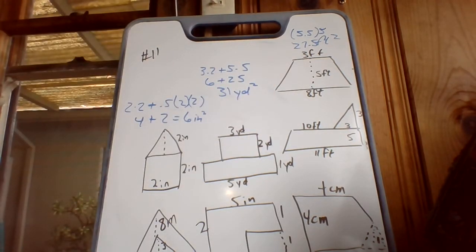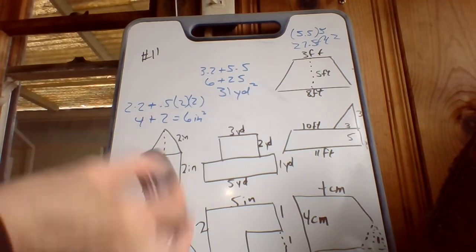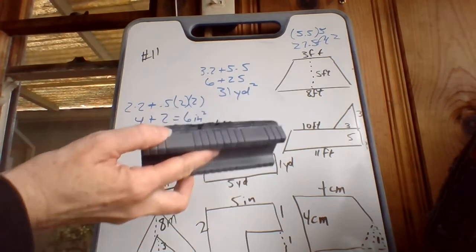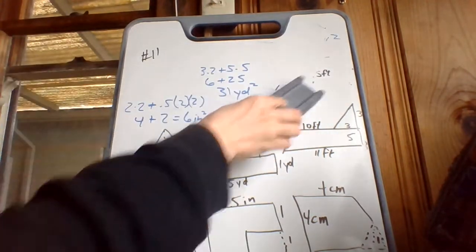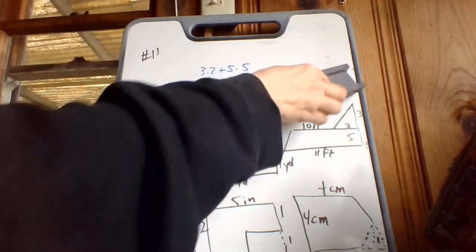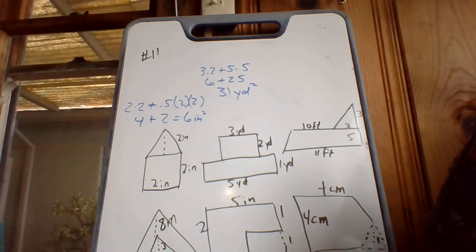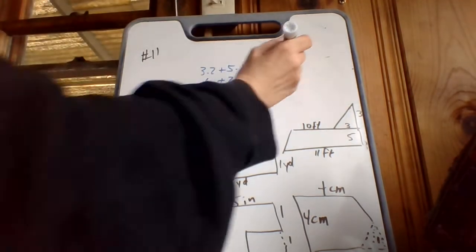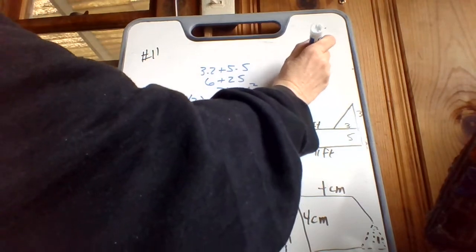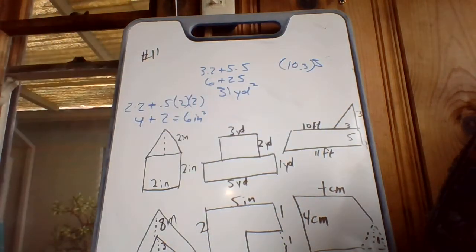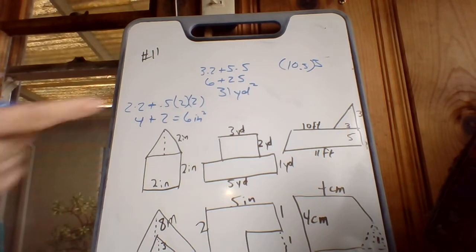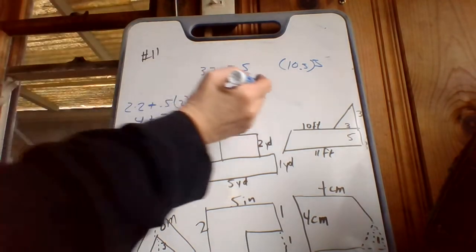And then I've got a trapezoid. And on top of the trapezoid is a triangle. Okay, so trapezoid, average the bases. I got my 10, I got my 11, average that, that's 10.5. Times my 5 for my height on my trapezoid. And then 1/2 base times height.